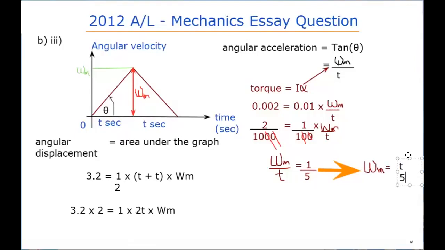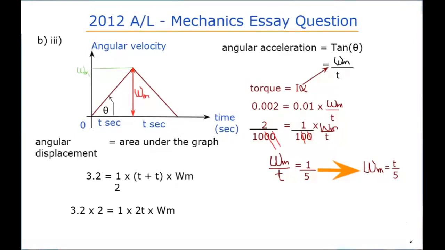Check whether you can understand this. Please raise your hand up if you are okay with this. Omega m equals t over 5. Okay, very good. Nice. Now we have the answer.